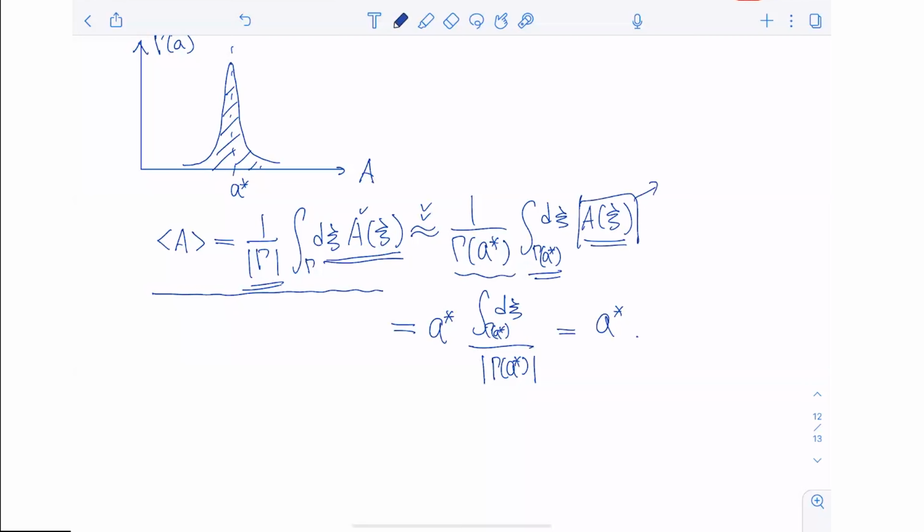Once in the integral, it is just a constant A star. Why not just pull it out? Once I take it out, you'll see this integration is equivalent to the definition of the phase space given by the equilibrium value of A star, which will just give you 1. So you got this relation. Okay, so that's the whole line of the argument.